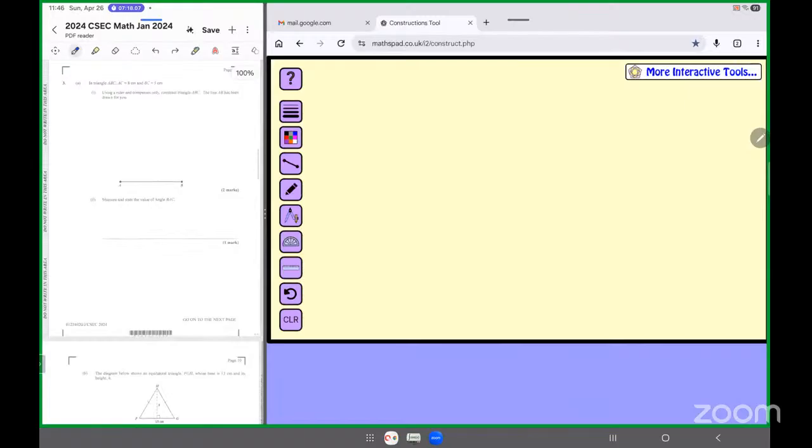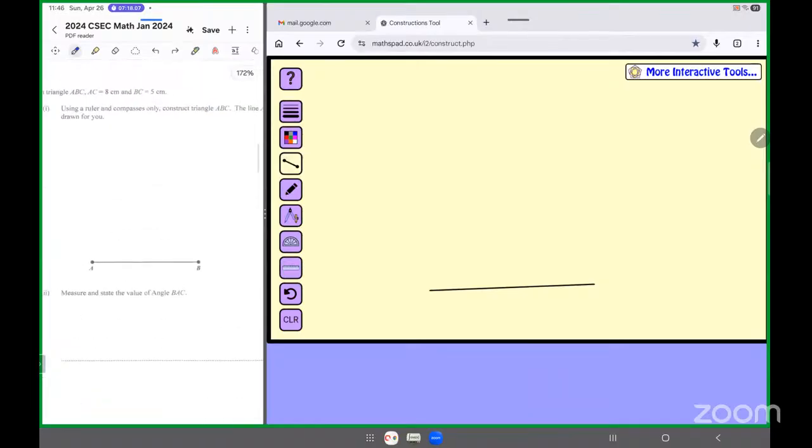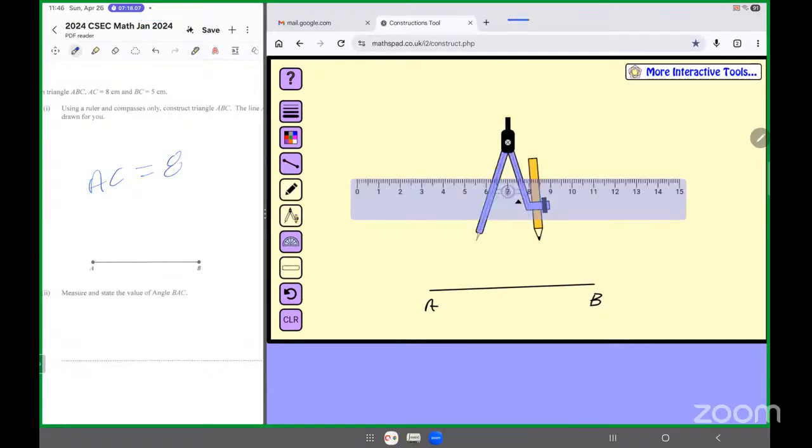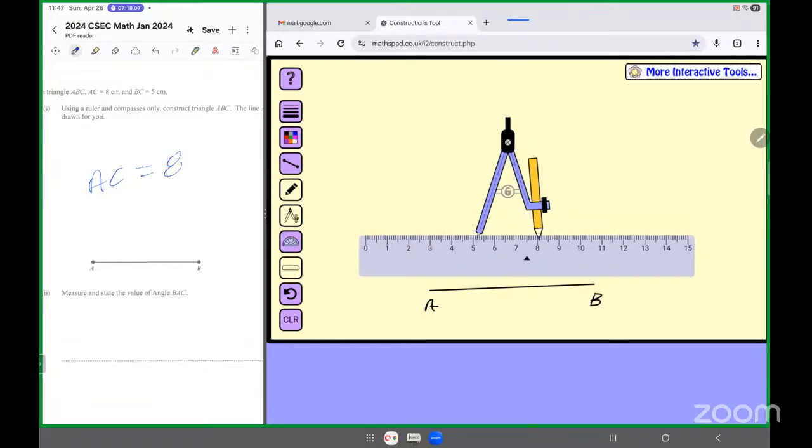So if you start with this line, let's say that is the line that I gave you. And this is the A down here, and this is the B. The AC must be 8 centimeters. It means that you have to use a compass and open it up to 8 centimeters.